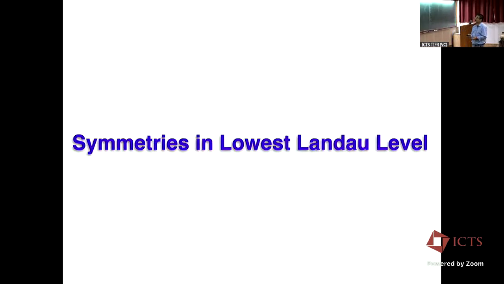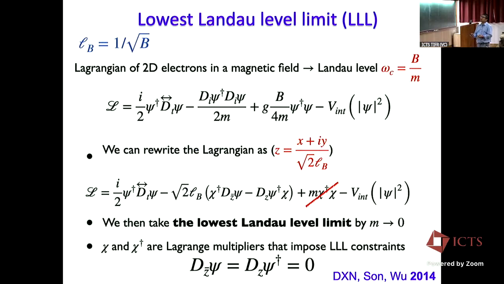Now I try to show that the lowest Landau level has this symmetry. We consider the Lagrangian of an electron in a magnetic field, with the interaction term and the kinetic term here.